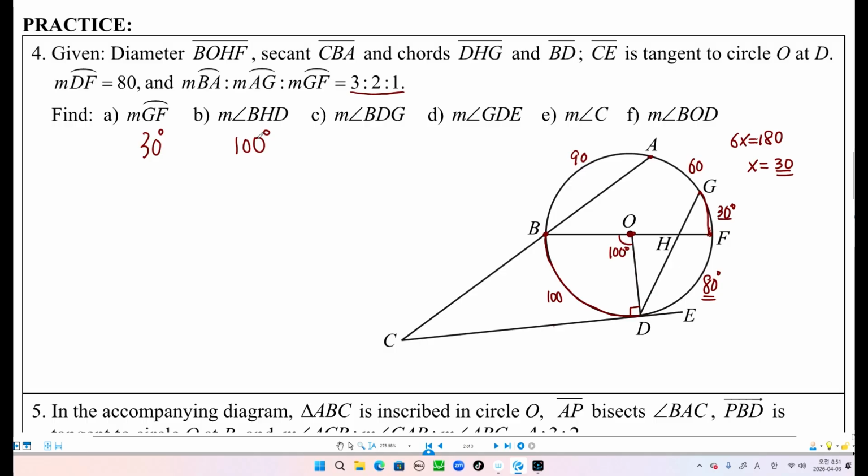And the angle BDH. Where is BDH? You can make an extra line over here, right? That's our BDH, this one. What is this? This is also an inscribed angle when you make the line over here, right? Where is it?